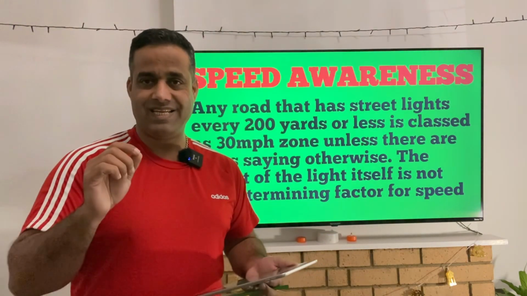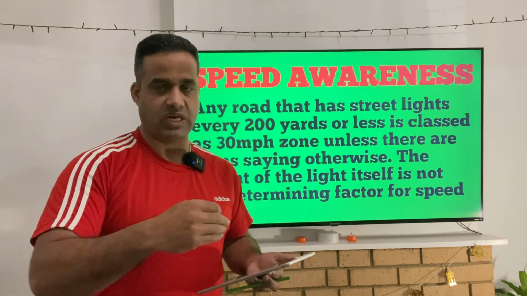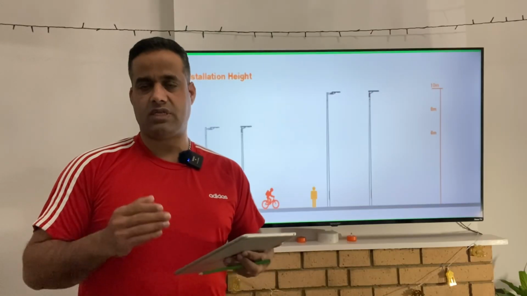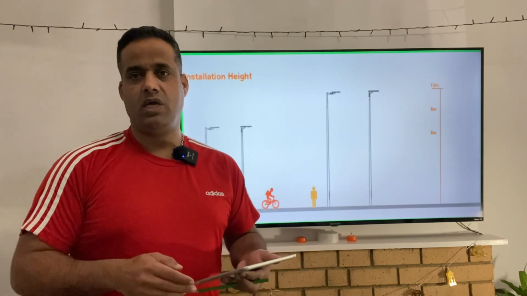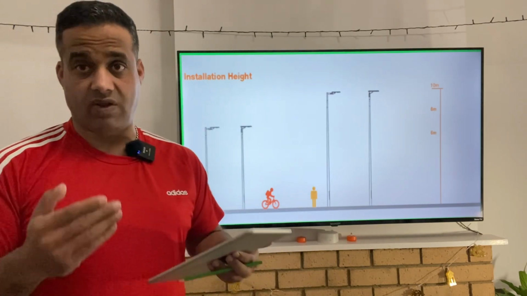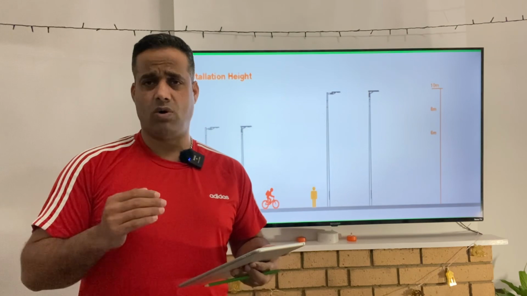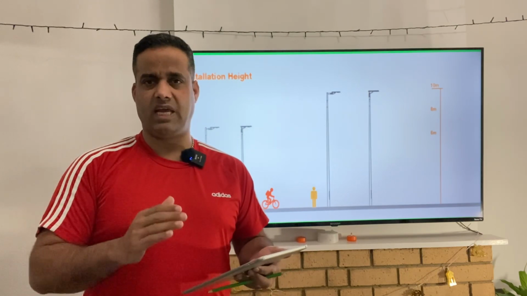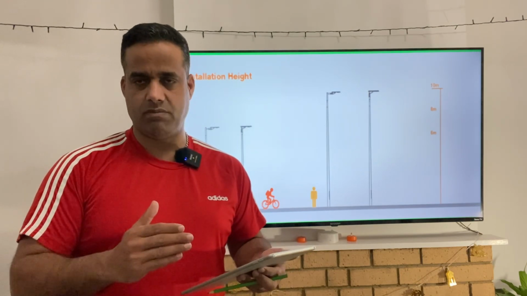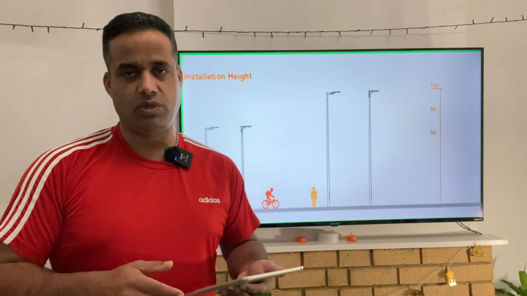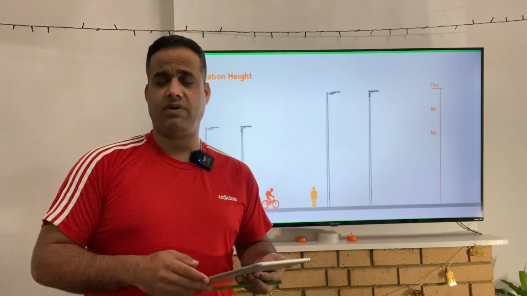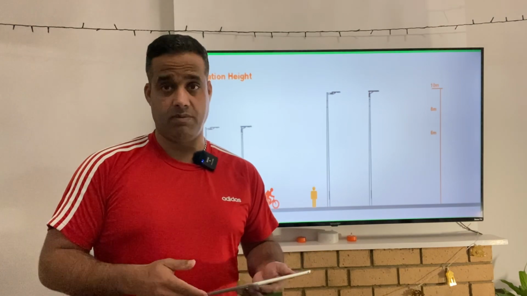It is the density of the street lights. In the built-up area, usually they keep around 5 to 6 or maybe 7 or 8 meters, but on the faster roads, they use street lights having a height of about 8 to 10 meters.